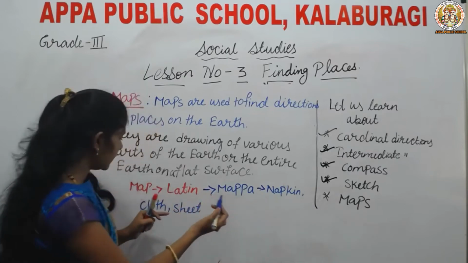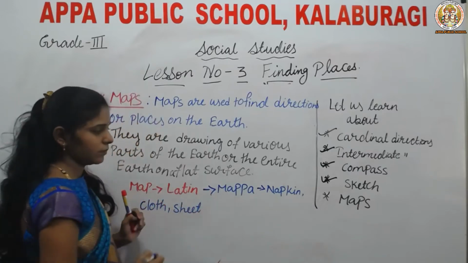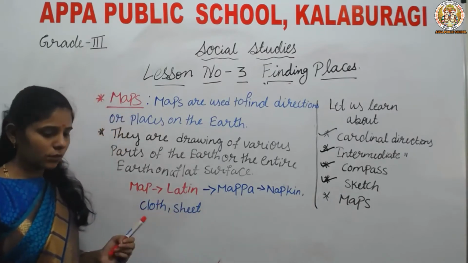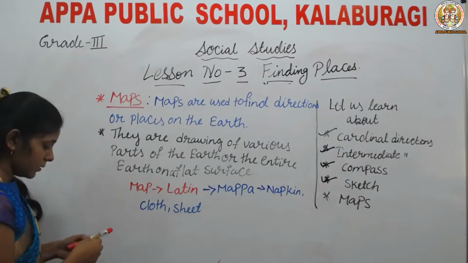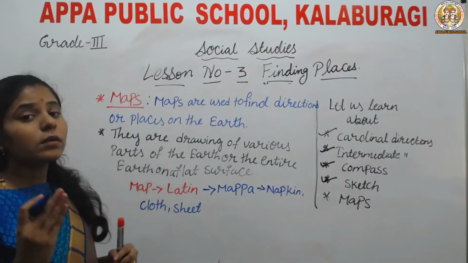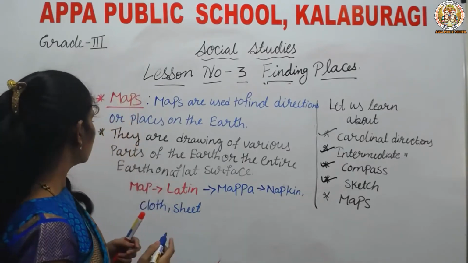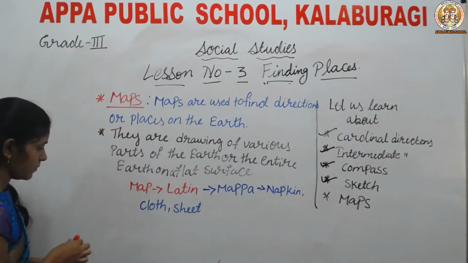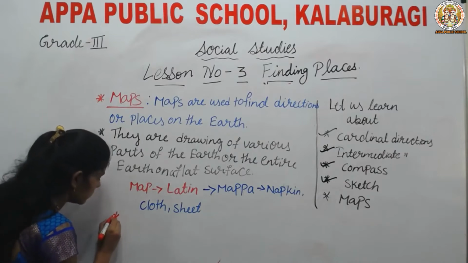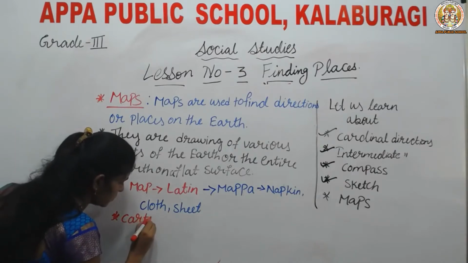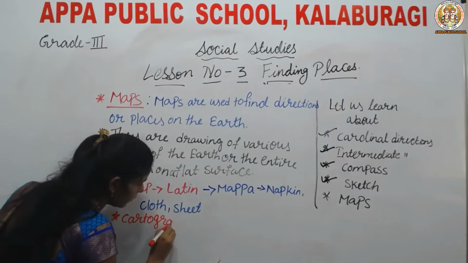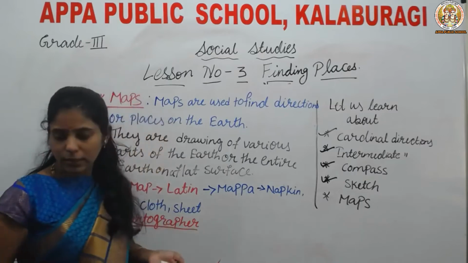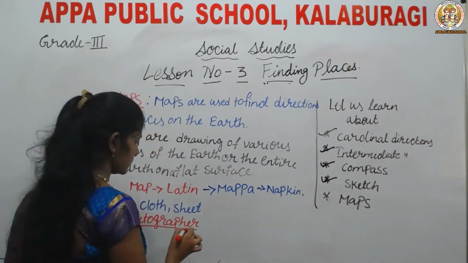What does mappa mean? Napkin, cloth, or sheet. Okay. See here, whom we call a cartographer. Cartographer.